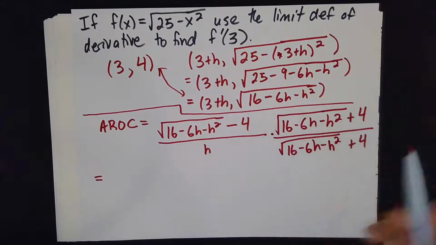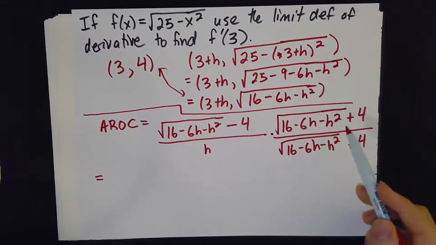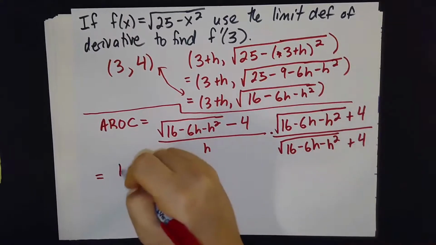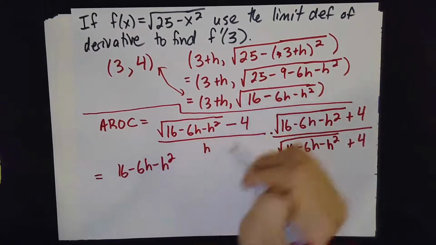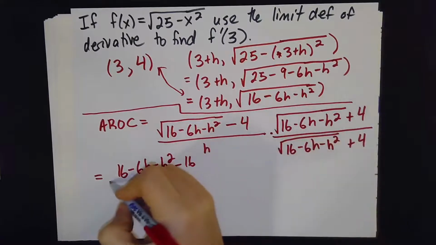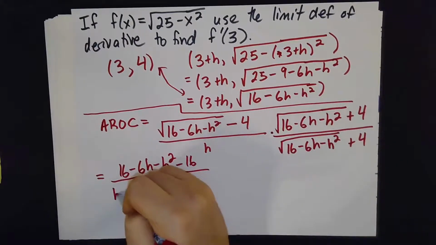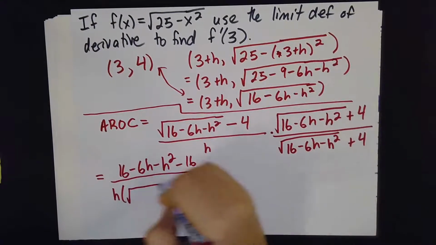So the numerator here works out pretty nicely. So it'll work out to be 16 minus 6h minus h squared minus 16. And the denominator will be h times this square root.